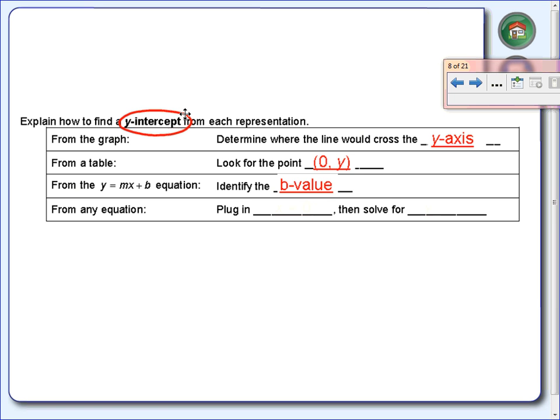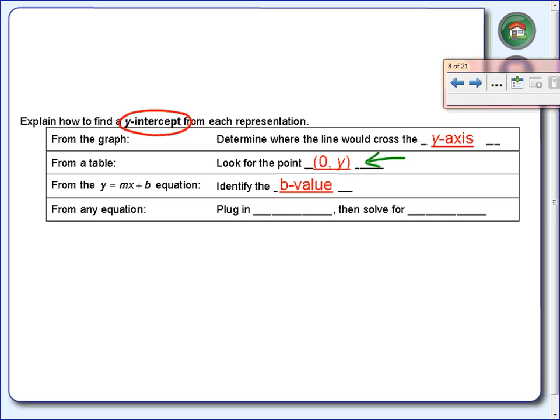Now the last one there says from any equation. So what if I have some generic equation where it's not in slope-intercept form, and I want to find the y-intercept? It says here that we're going to plug in blank and then solve for blank. Well, remember, the ordered pair we said earlier was this right here. We're looking for 0 something. So the y-intercept is always going to be 0 something.